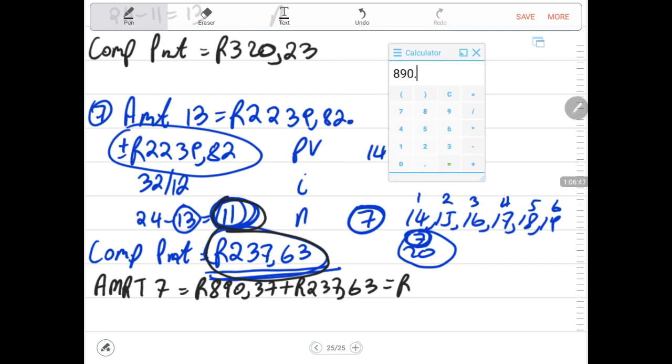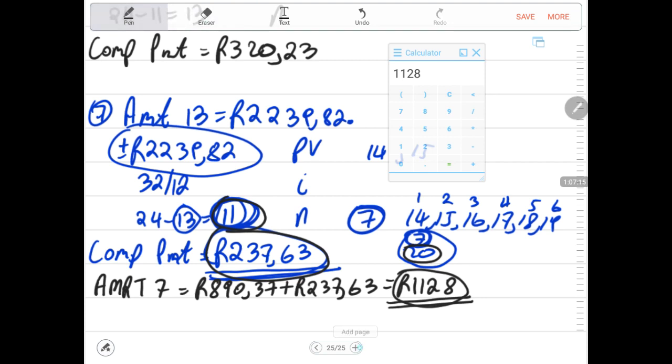We say 890.37 plus 237.63. We get 1,128 rand. This is the balance before the 20th payment was made, or the balance when the 20th payment was due. We added it back so that we get the balance before this payment was deducted.